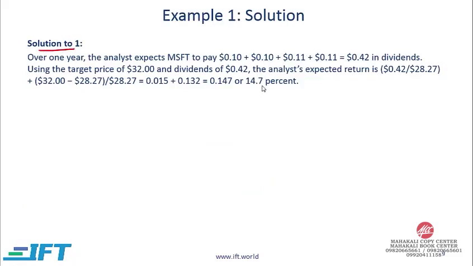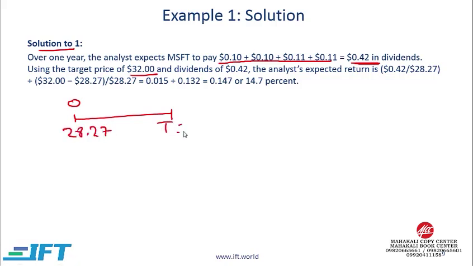This is the solution to part 1. Over the holding period, the expected dividend is 0.42. The target price is 32. So here's what's going on. This is time 0. Here the stock price is 28.27.